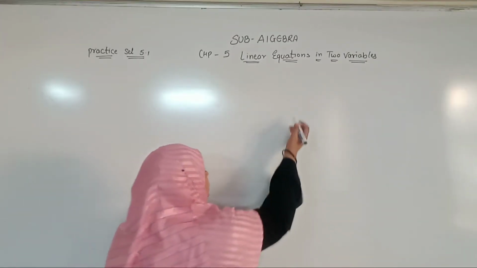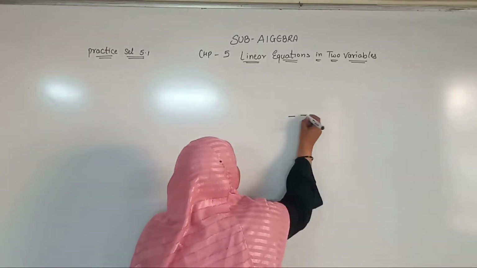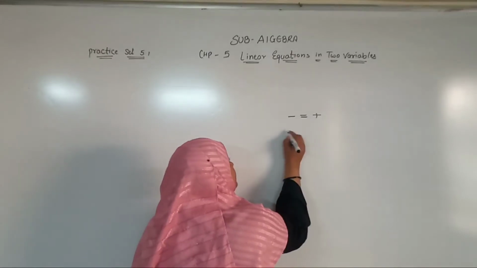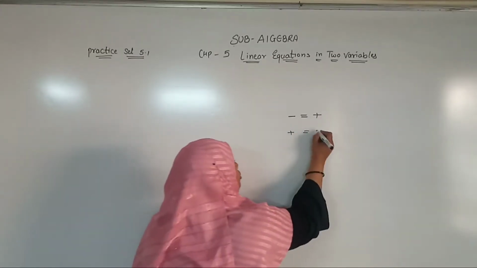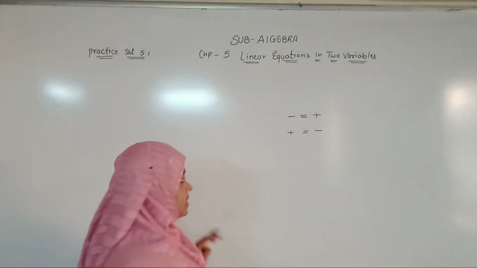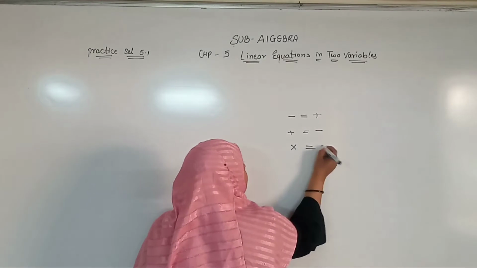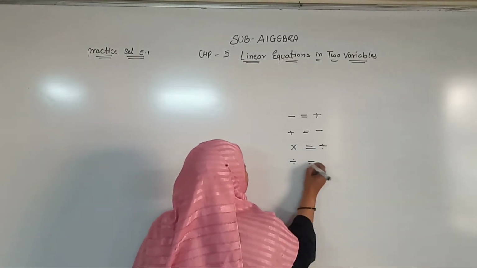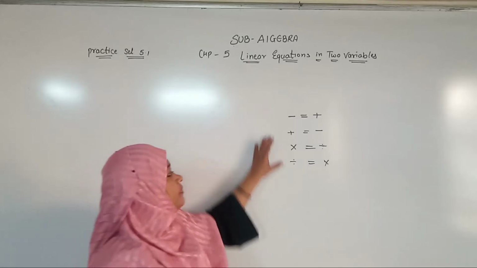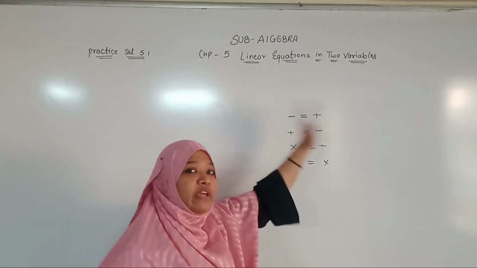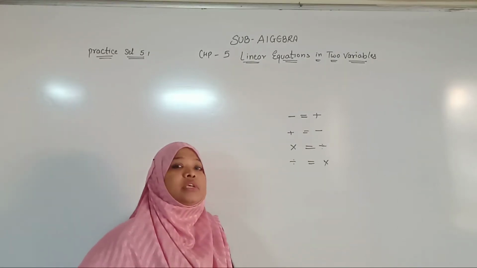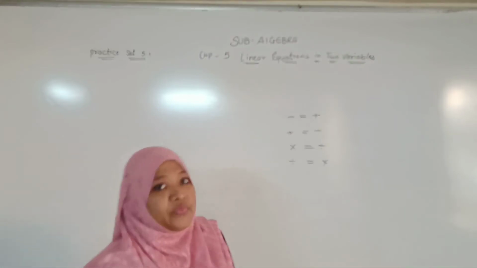If there is a minus sign on the left-hand side, when it goes to the right it becomes plus, and from right to left it becomes minus. Multiplication will become division, and division becomes multiplication. This is the changing of sign from left to right. When we move equations, numbers or variables, we have to change the sign also.